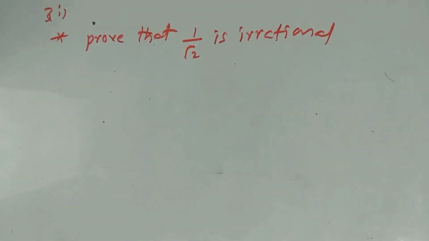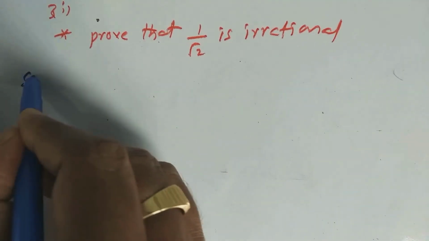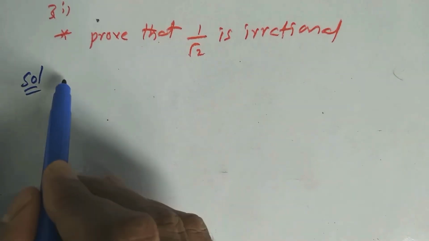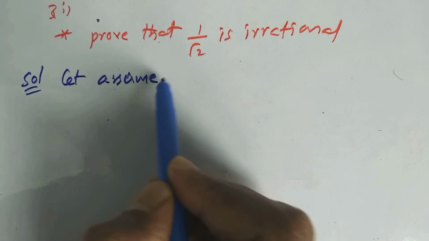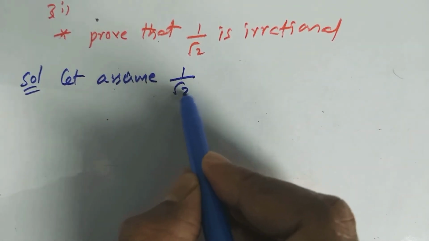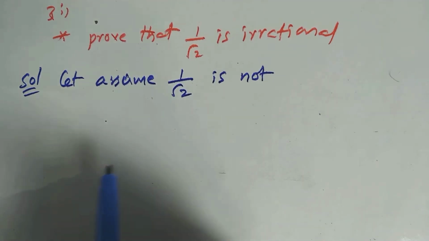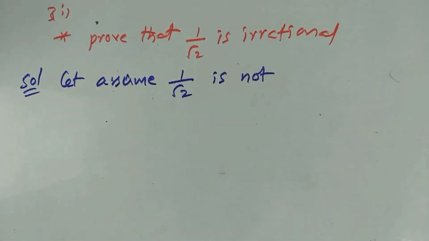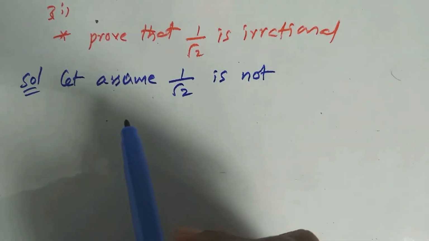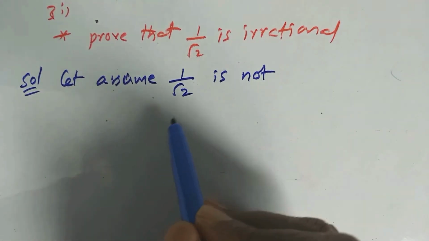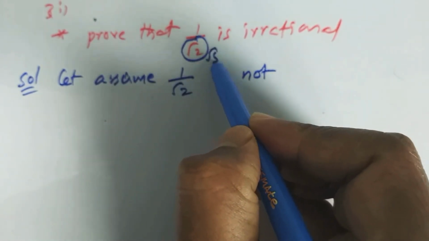Now, the solution. Let us assume 1 by root 2 is not irrational. I explained 1 by root 5 here, so we can take 1 by root 5 also. That is very easy, so for my convenience I am taking root 5.